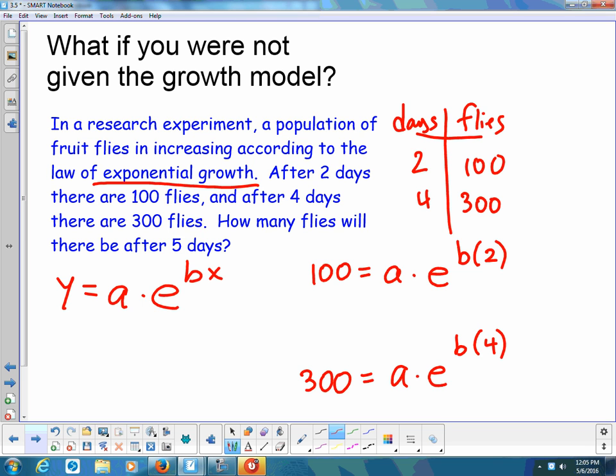And I think what might be helpful for us in this problem is to solve for a in this first equation. If I divide both sides by e to the 2b, I'm going to divide both sides by e to the 2b. This divides out, and I'm left with an expression that is a equals 100 over e to the 2b.